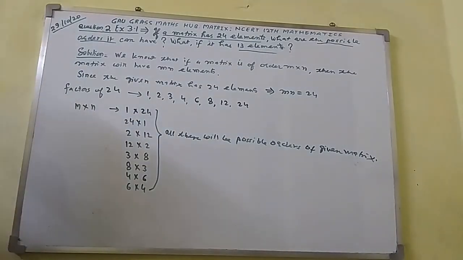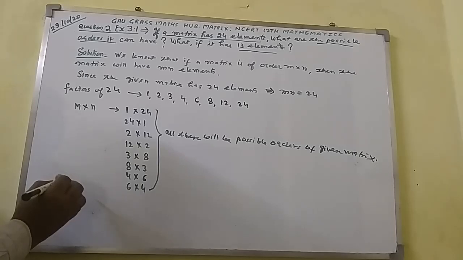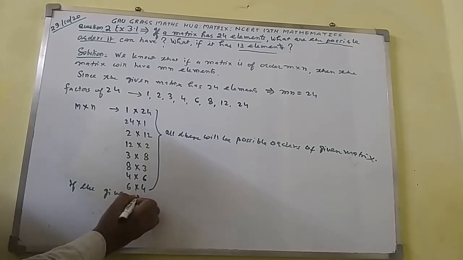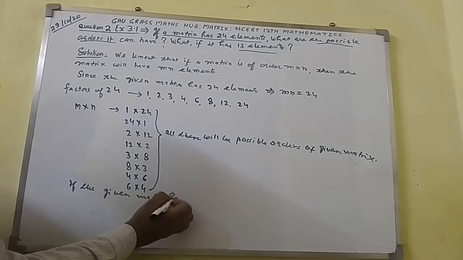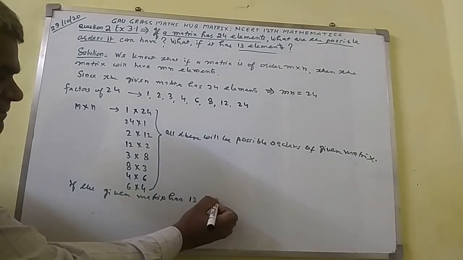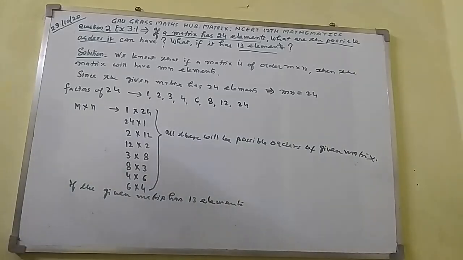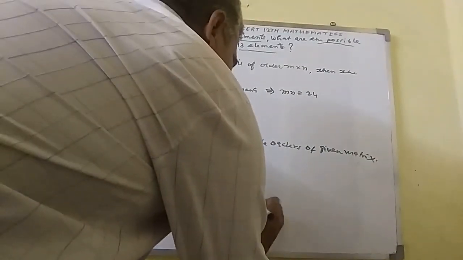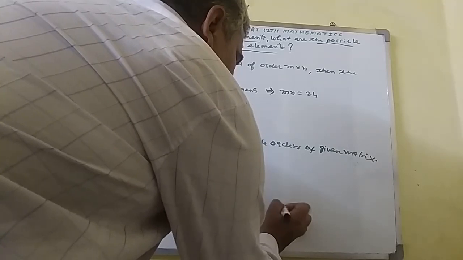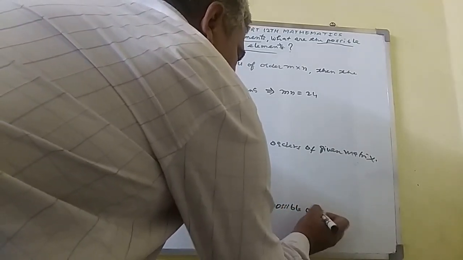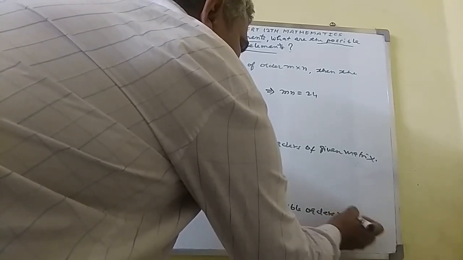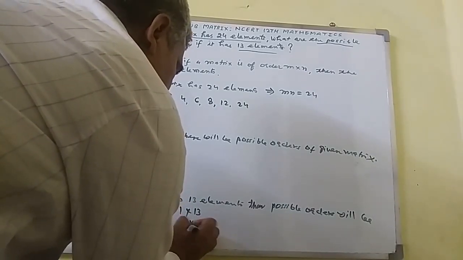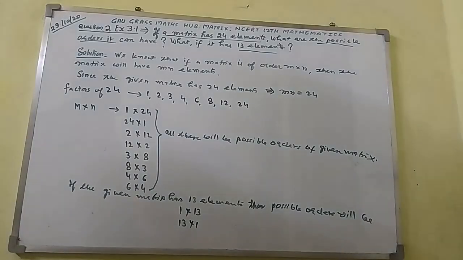So in the second part, if the given matrix has 13 elements, then the possible orders will be 1 into 13 or 13 into 1, because 13 is a prime number.